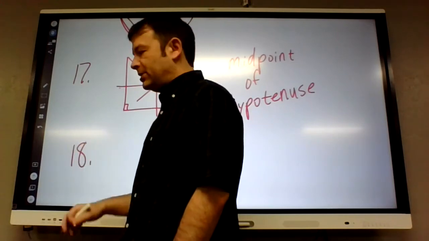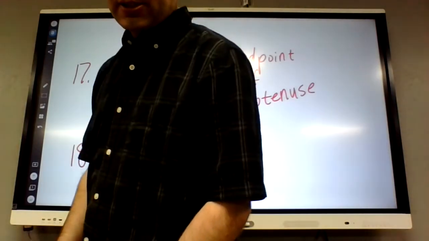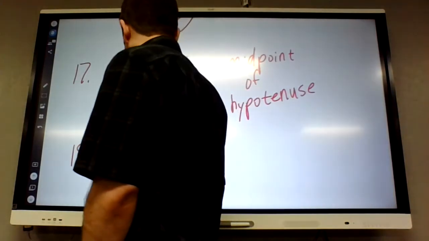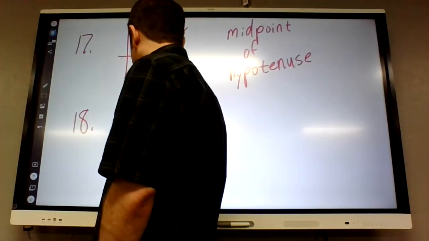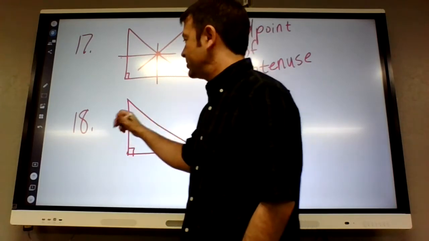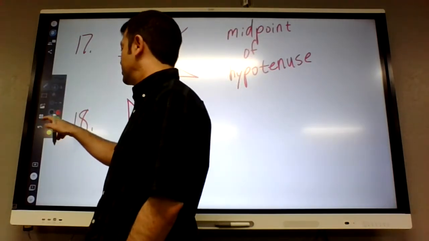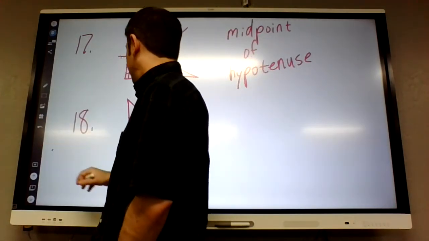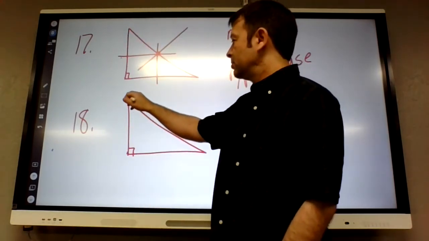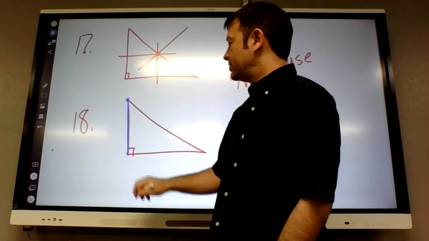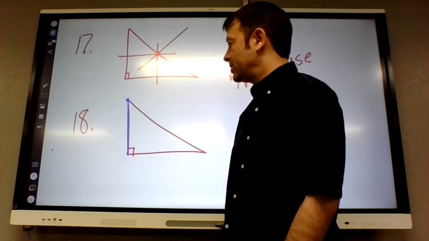Alright, 18 says orthocenter. What lines made the orthocenter? Altitudes, right. So where would the altitude, no, we need to change colors on this one. Where would the altitude from this vertex be? Yeah, straight to the ground, so it would just be that leg.